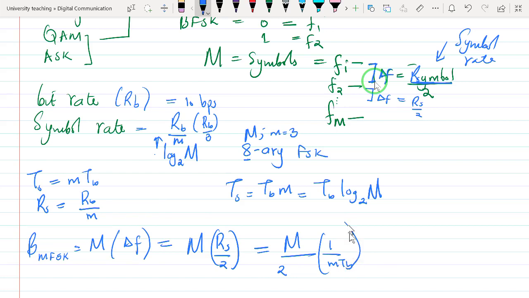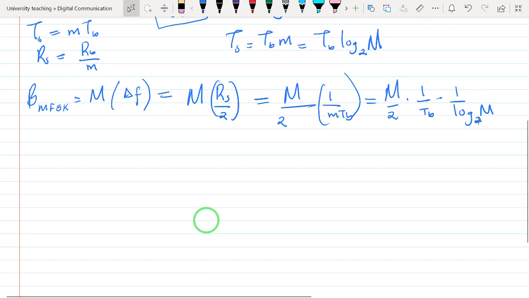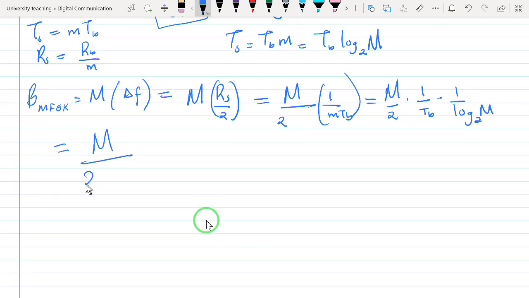And we had also seen that we can express small m as a function of the number of symbols capital M, which is log to base 2 of capital M. And therefore, we can still express our channel bandwidth requirement of MFSK as capital M divided by 2 multiplied by 1 over TB multiplied by 1 over log to base 2 of M. And therefore, the final expression for the bandwidth required to transmit M array FSK may be given by capital M all over 2 TB log to base 2 of M. And again, we can still express the TB in terms of RB, or the bit rate, which is the reciprocal of TB.